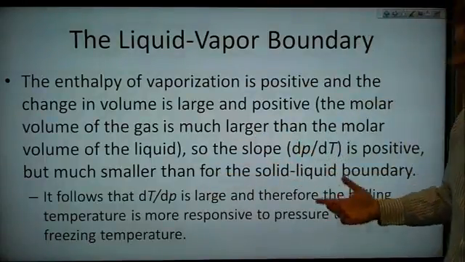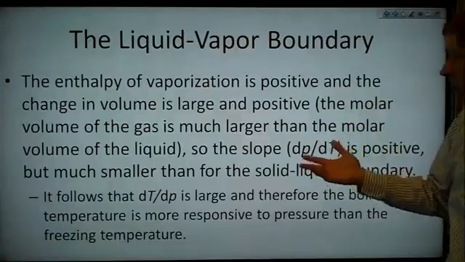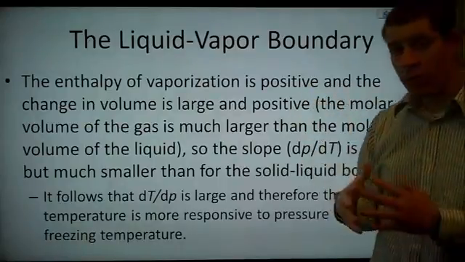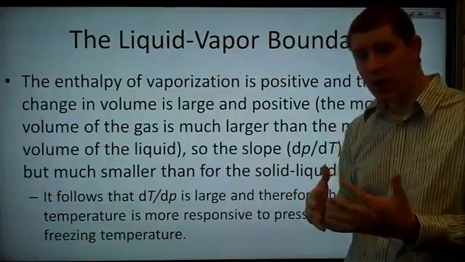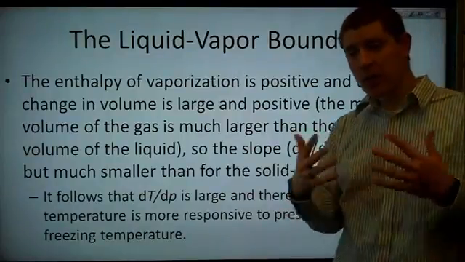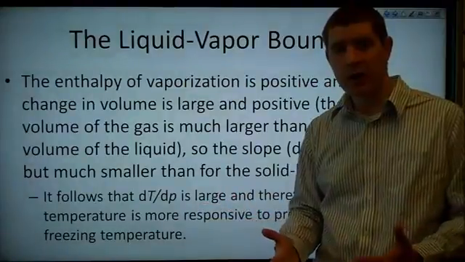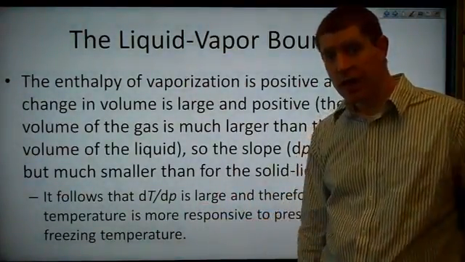And now the enthalpy of vaporization is positive, and the change in volume is large and positive. So remember, for the vaporization process, the change in volume is always going to be positive because the liquid always takes up significantly less volume, less space than the gas phase does.